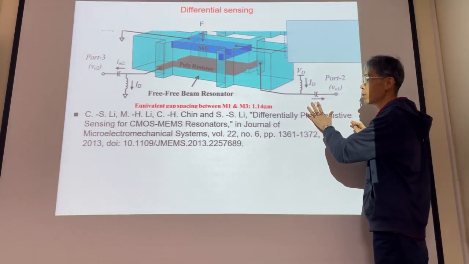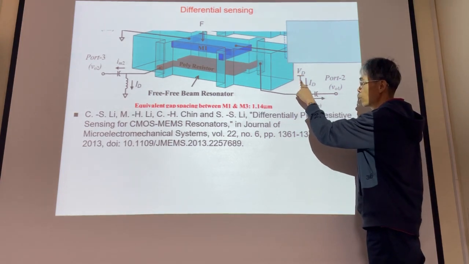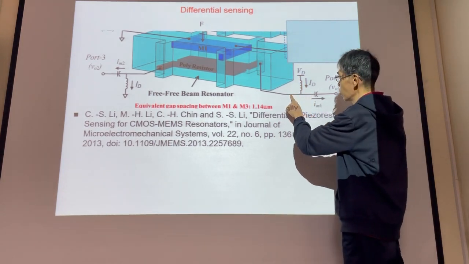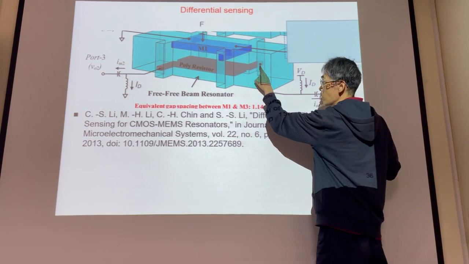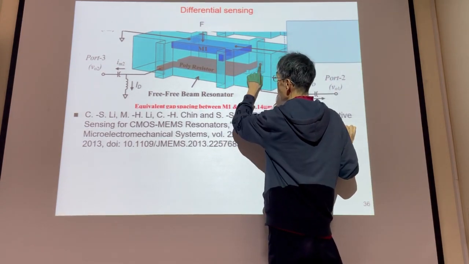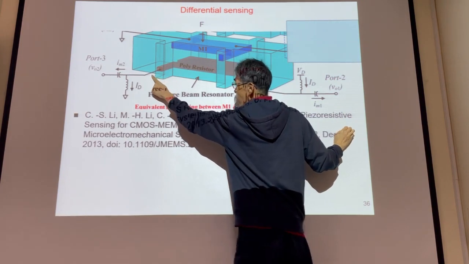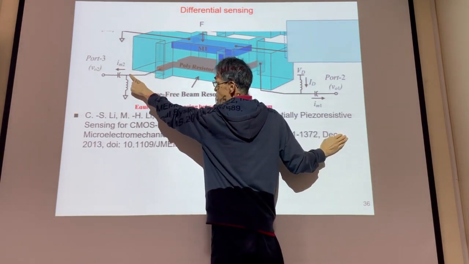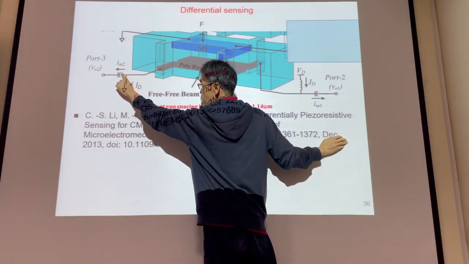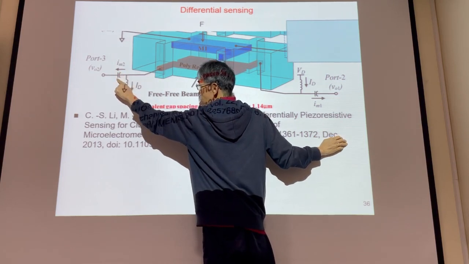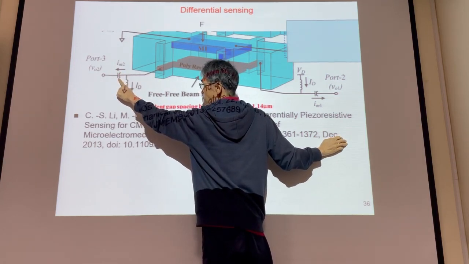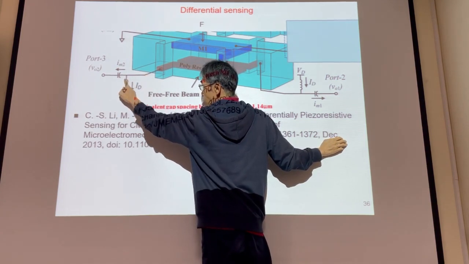For DC, we could say the DC signal goes in, goes through this piezoresistor, and goes out. This one is a capacitor, so DC will go this way.